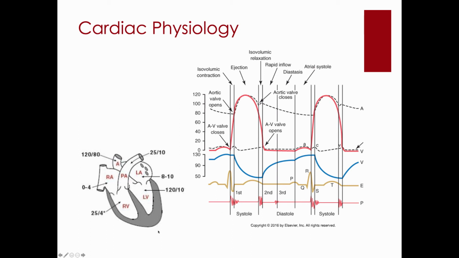Okay? Now, over on this side, it's important to look at the pressures. Know that the pressures on the right side of the heart are much, much lower than the pressures on the left side of the heart. So the pressures on the right side in the right atrium are 0, essentially the central venous pressure is nothing. Okay?